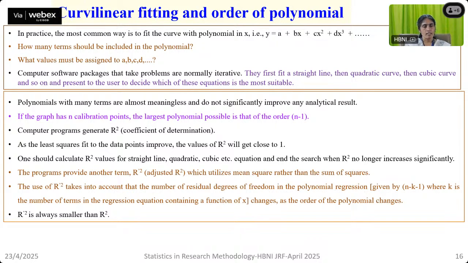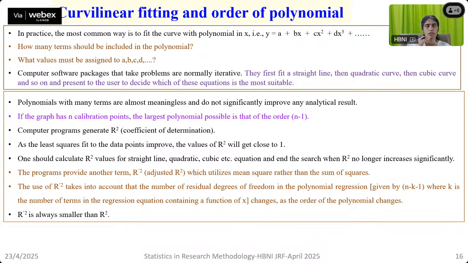Okay. And finally, what we evaluate is the R square, the coefficient of determination. That is, a regression coefficient is determined. In the case of linear, we have seen that it is nothing but the square of the Pearson's correlation coefficient. The closer the R square value to 1, the better is the fitting.